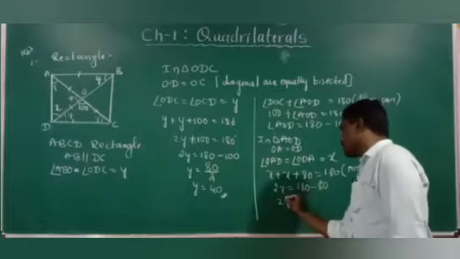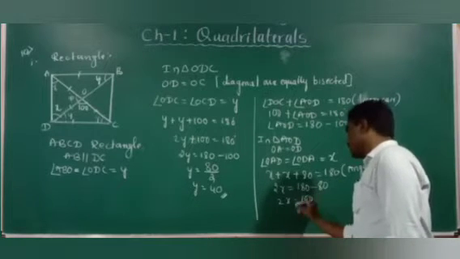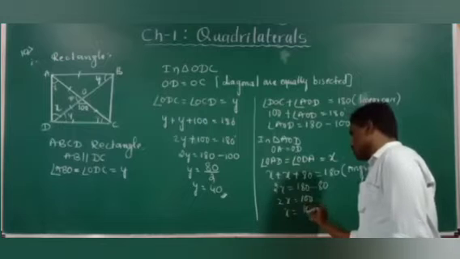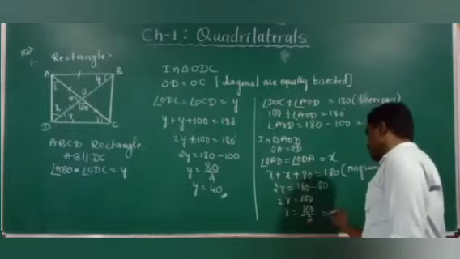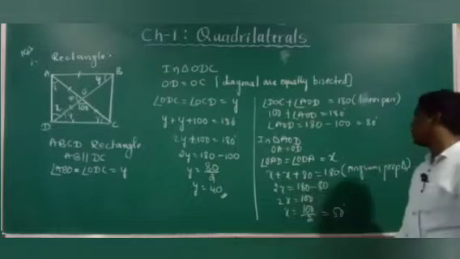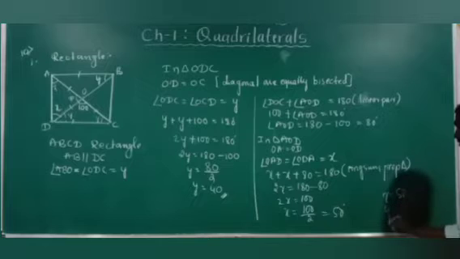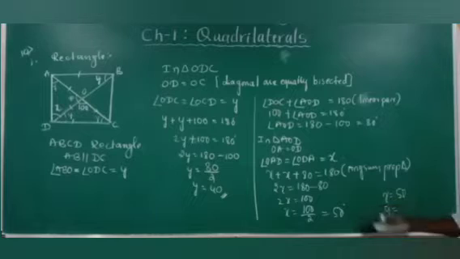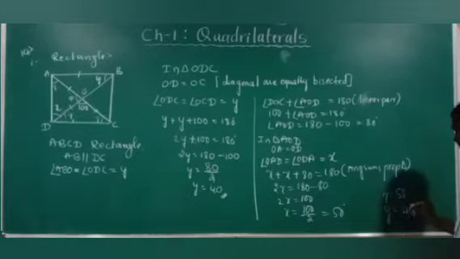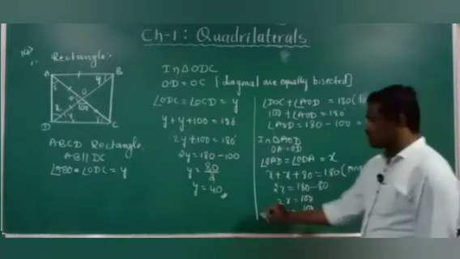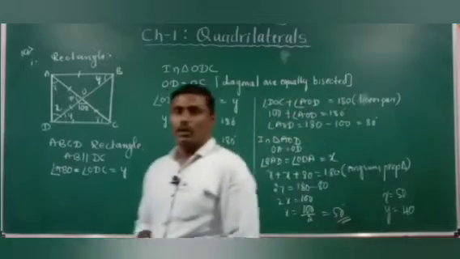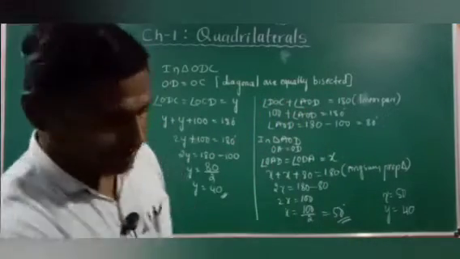Now 2X is equal to 100 degree and X is equal to 100 divided by 2, that is nothing but 50 degree. So the required values are X equal to 50 degree and Y equal to 40 degree, right? So these two are the required values of X and Y.